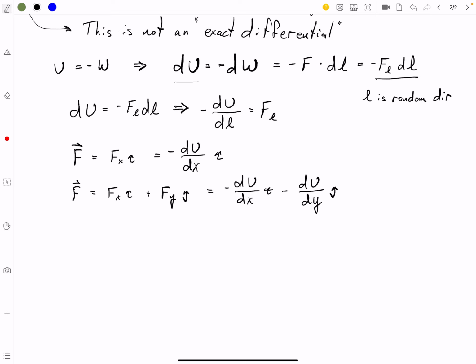So what were we doing earlier? We were taking the derivative with respect to y of du dx. And let's just make that negative. Okay.